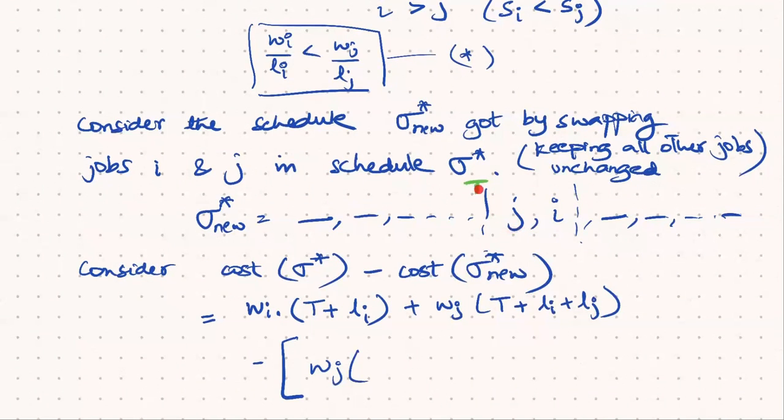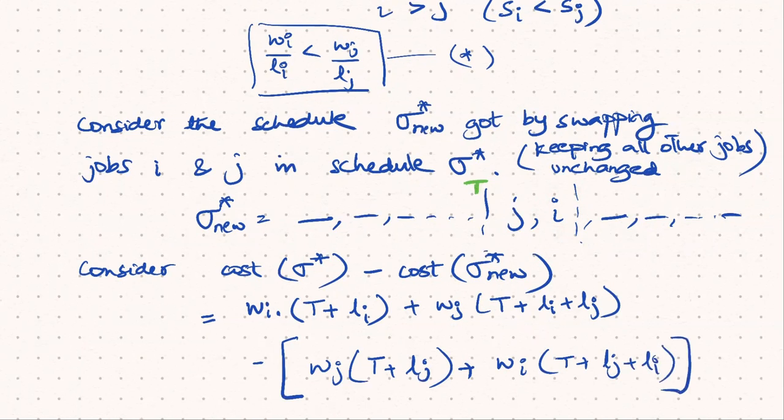It's simply t plus the length of job j, plus the contribution of this term, which is simply the weight of i times t plus the time at which job i completes, which is L_j plus L_i.